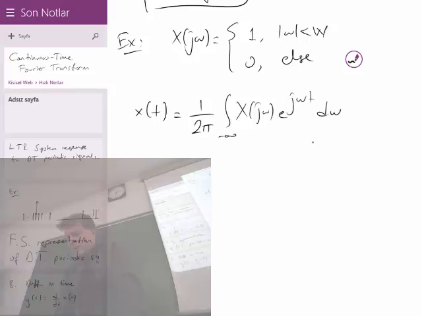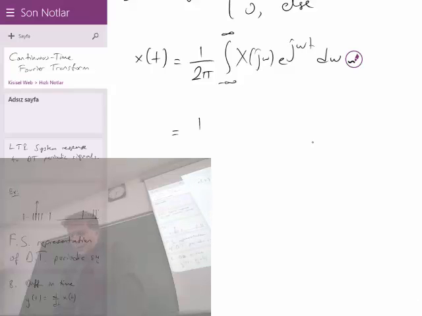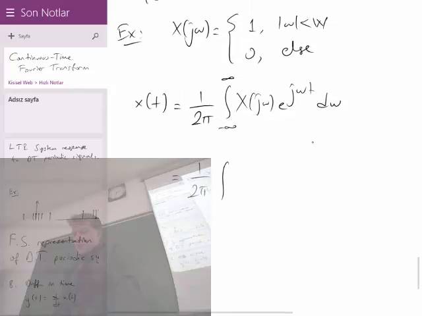This was the inverse Fourier transform. And x of j omega is 1 between minus w and plus w. So the integral limits are from minus w to plus w, because when we overshoot that, x of j omega will be 0. There will be nothing here. And within this range, x of j omega is 1 times e to the j omega t d omega.